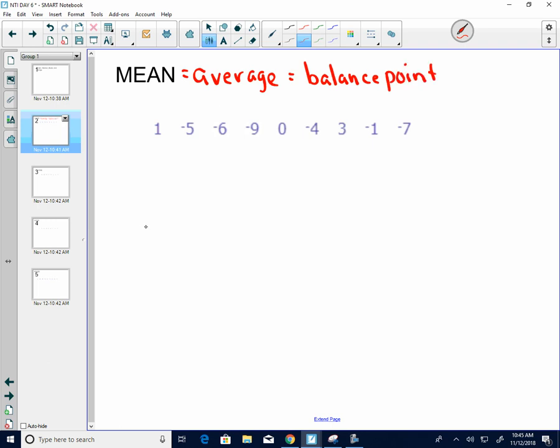So when we calculate the mean, what we need to do is add up all the numbers or all the data points that we're given and then divide by how many numbers there were. So we need to add all data, and then we're going to divide it by the number of numbers.